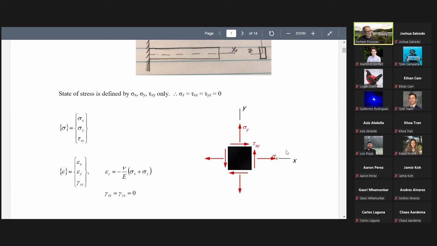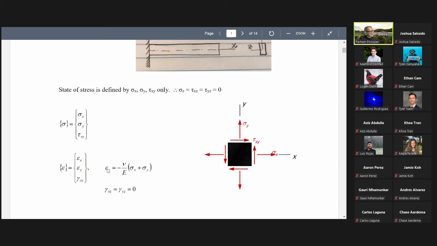So 3 components of stress. Everything is in one plane. So everything in the Z direction is 0. It means sigma z, tau xz, tau yz, these are all 0. So our stress vector consists of sigma x, sigma y, tau xy. That's what you see here.